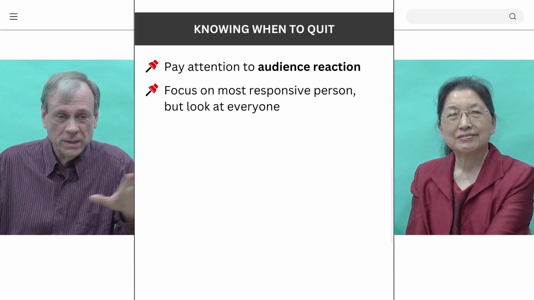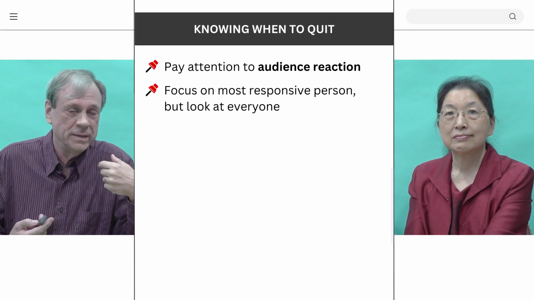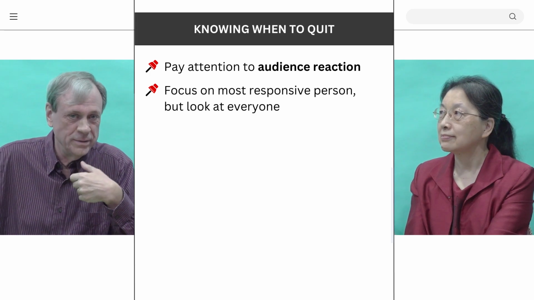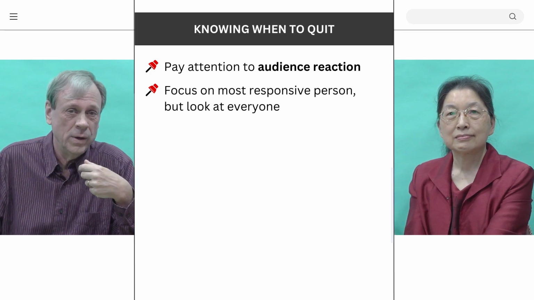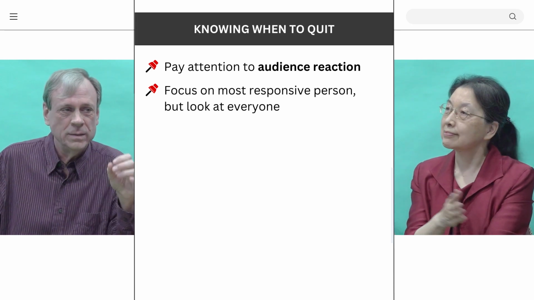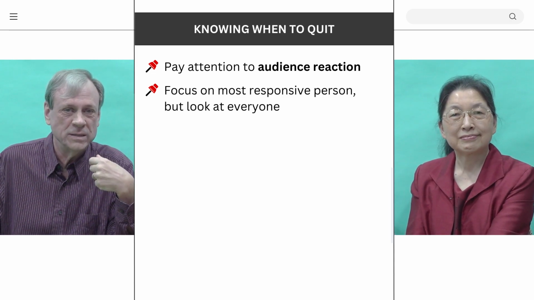Focus on the most responsive person in a group, because they're the ones that are really paying attention to you. And if you focus on one person, the others, if they're not interested, can also just walk away. But don't focus only on that one person. Look around to try to get everybody's attention, to try to keep them there as much as possible.